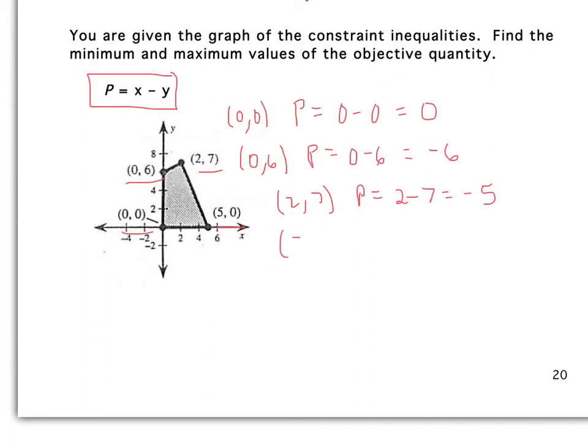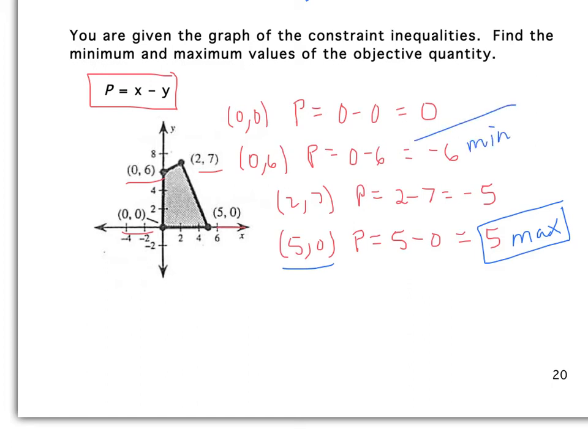And if I had (5, 0), P would equal 5 minus 0 or 5. So our max is 5. The point (5, 0) gives it to us. And our min is negative 6, and the point (0, 6) gives it to us.